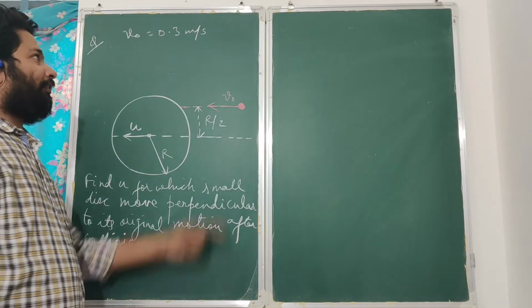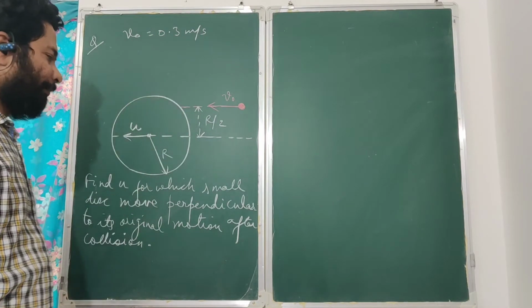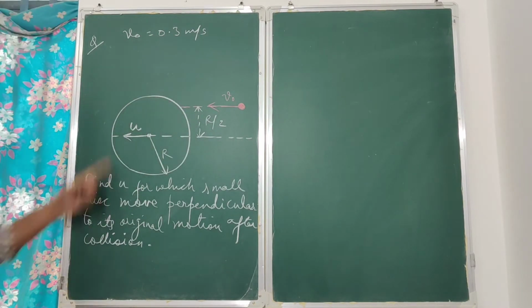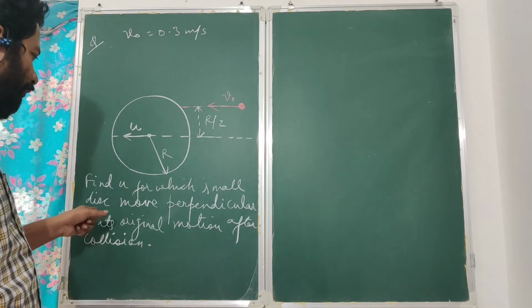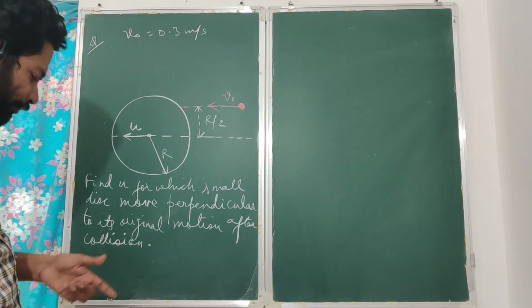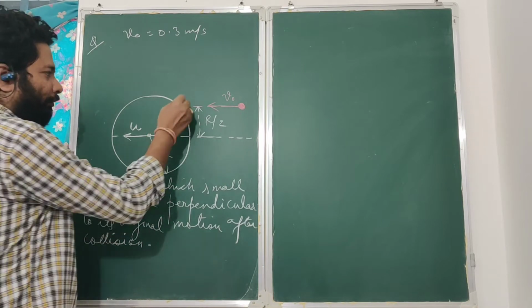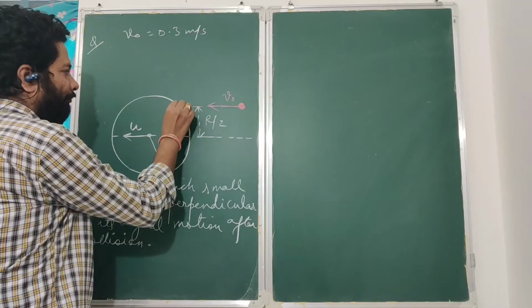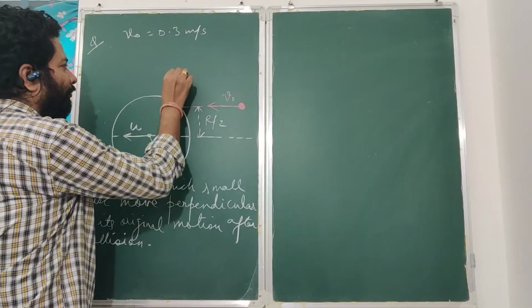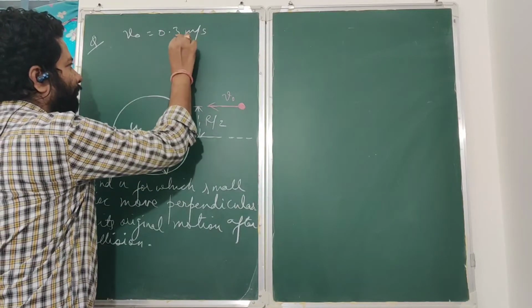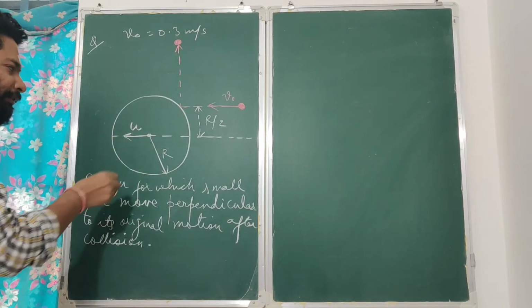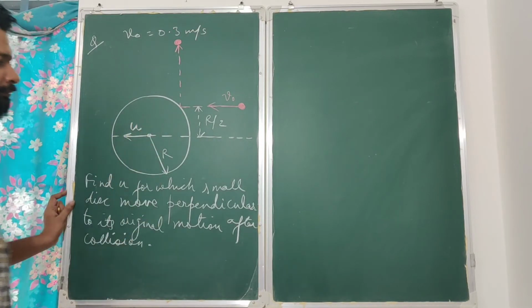And this small disk is moving with velocity 0.3 meter per second. So they are asking the value of u for which this small disk will move perpendicular to its original motion after collision. So after colliding with this, it should actually move perpendicular to its motion, like in this direction. Then what should be the value of u?